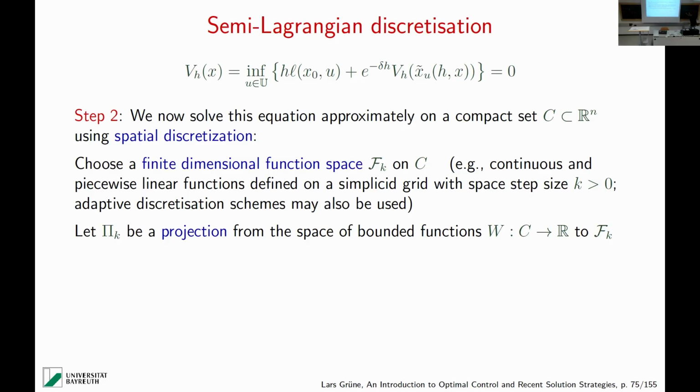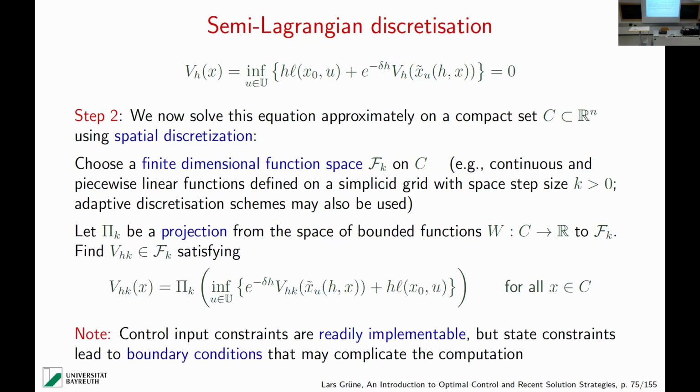And then what you do is you look at the values at these nodes of the discretization here. And then you interpolate linearly. And then the map from this arbitrary continuous function to this piecewise linear function would be this projection here, the pi k, right? It projects one function to another function. And it's a projection because if I would apply it again to the piecewise linear function, nothing would change anymore, because we already have a piecewise linear function.